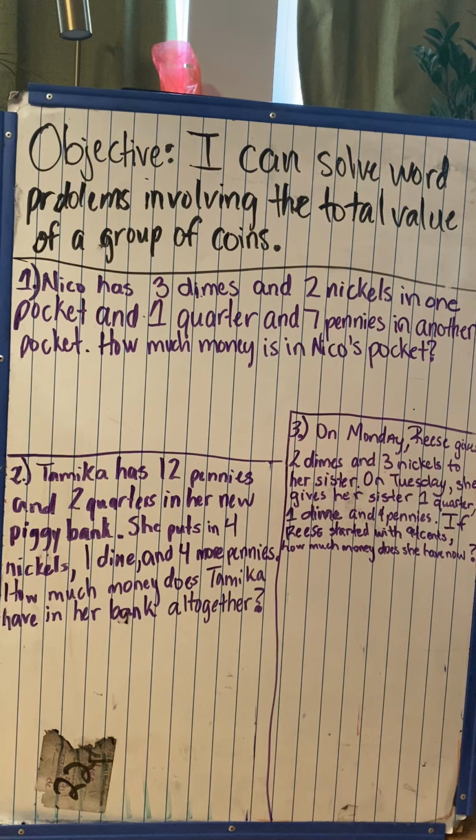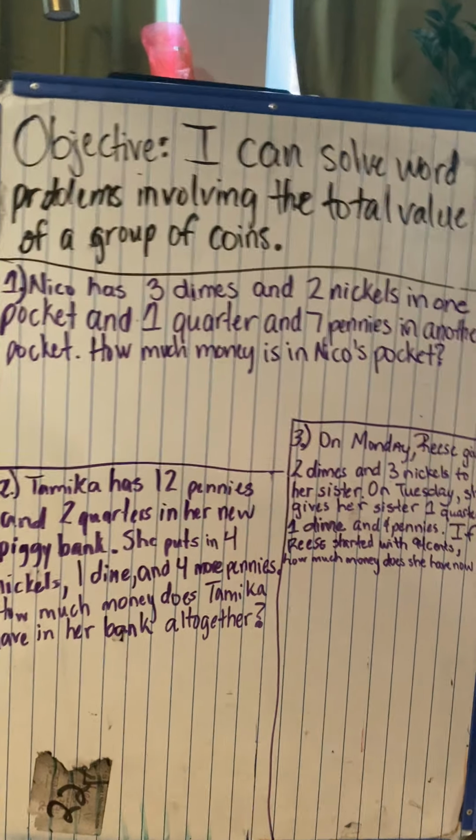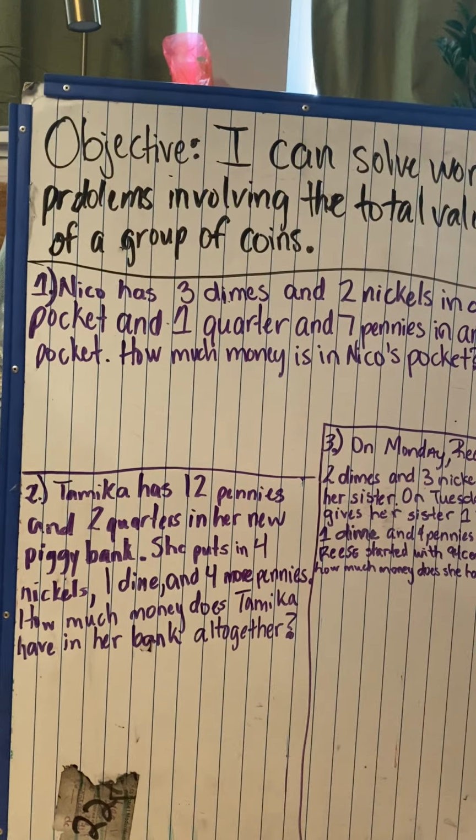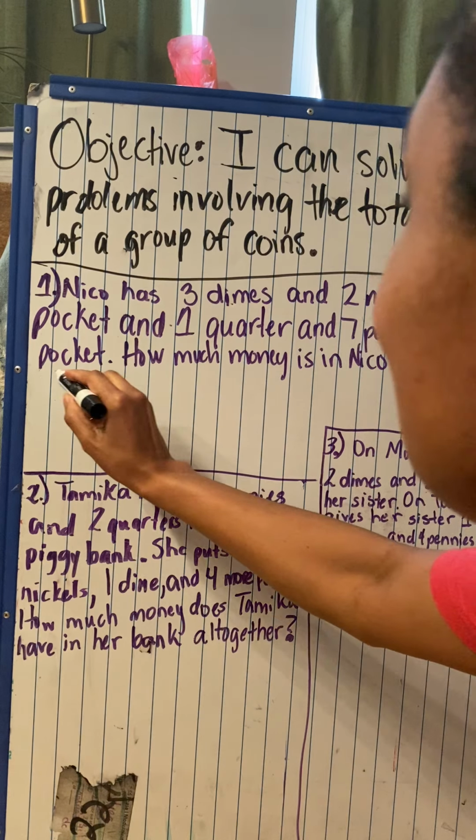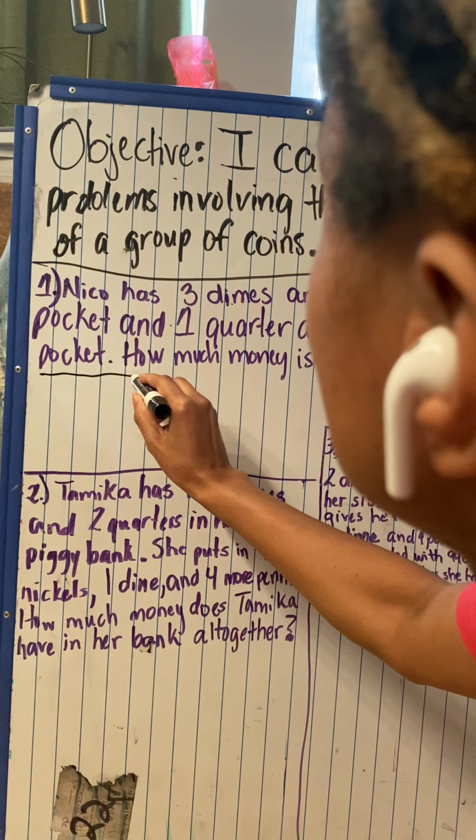So we're going to talk about his pockets. So think about, what can we draw? Yep, we can draw 2 pockets. We can draw 1 pocket with 3 dimes and 2 nickels, and another pocket with 1 quarter and 7 pennies. So let's do that now. Let's pretend that these are his pockets.